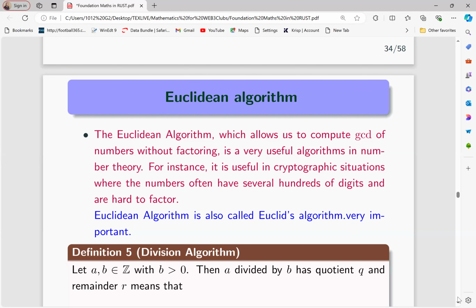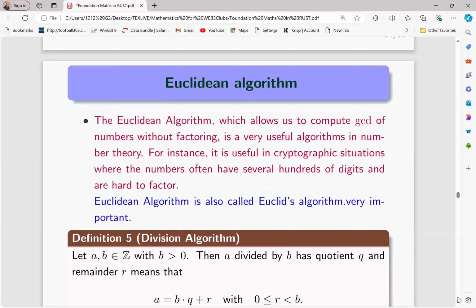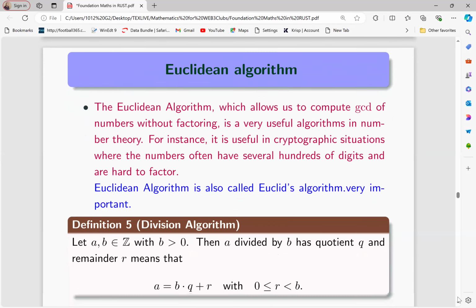If you have two numbers, you take the smaller number and you divide into the bigger one until the remainder is 0. So that is how we calculate GCD, and we shall see how that is done.